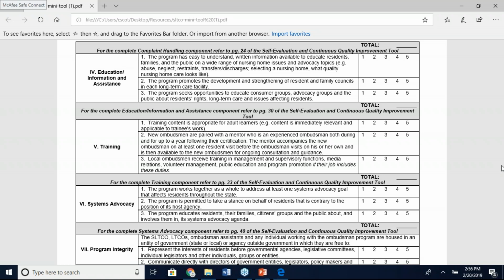I couldn't give myself a 5 because I wasn't feeling good that we do this as a whole. I still have some staff ombudsmen who really just aren't comfortable being part of what I consider our systems advocacy efforts. And so we're still working toward that goal.